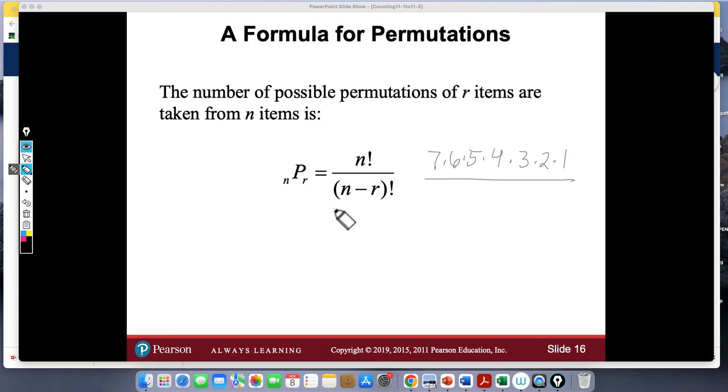Well, in this case, n is 7, r is 4. So we do the math first inside the parentheses. 7 minus 4 is 3. So then we've got 3 factorial. Well, what's 3 factorial? 3 times 2 times 1. And when we're multiplying and we have the same factor in the top and the bottom, what do we get to do?